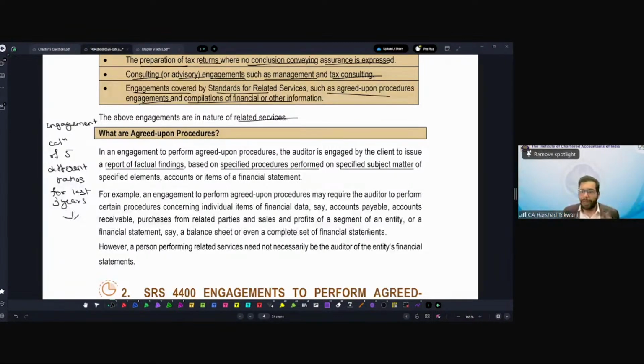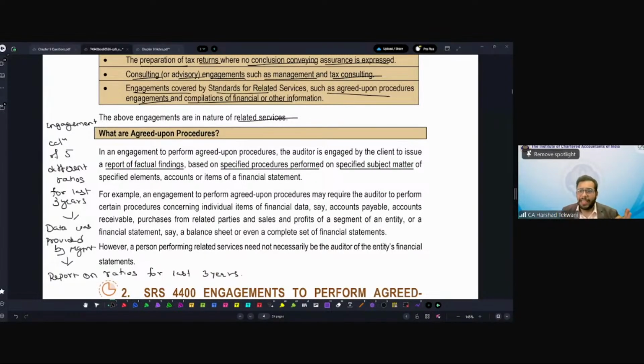For the ratios, management gave me the data. So data was provided by management. In this case, I issued a report on ratios for the last 3 years.